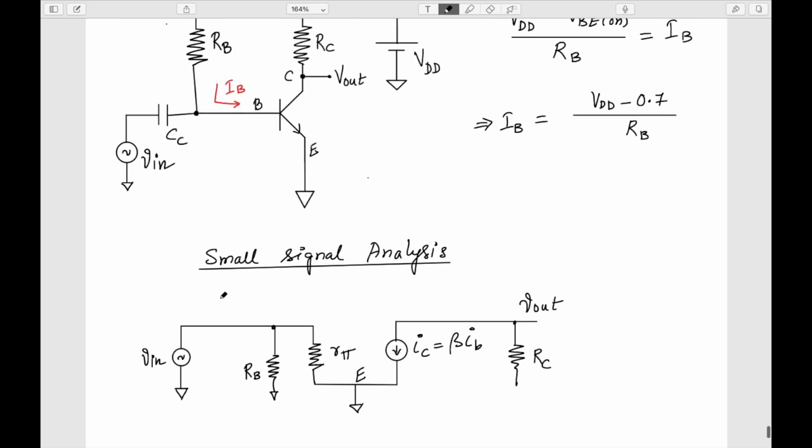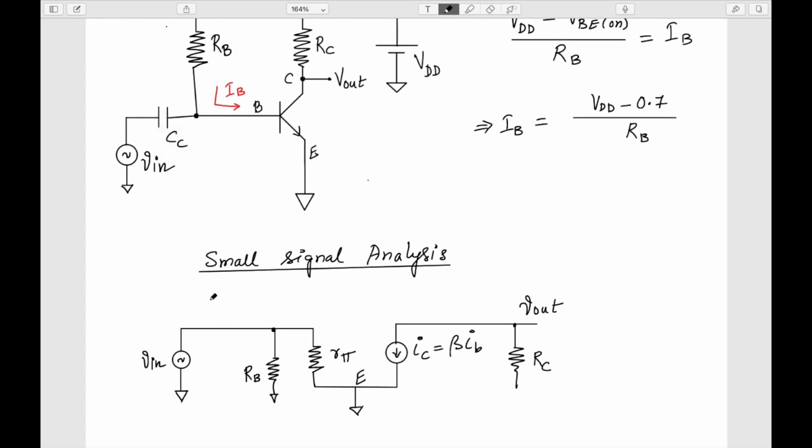The capacitor should come here, something like this. But for the AC, whatever signal we apply will directly come here. AC wise this is almost a short because 1 by omega C is almost close to 0, so we can treat it as a short. Even though some resistance is there, it is very small and negligible.